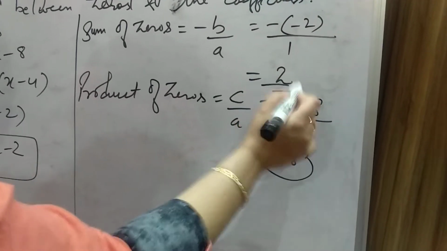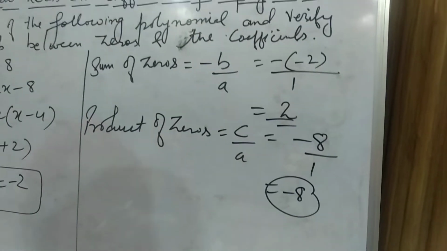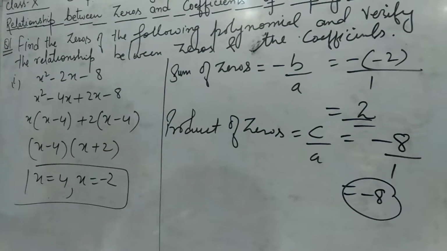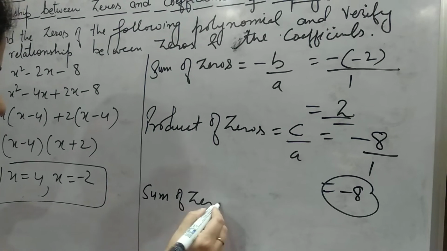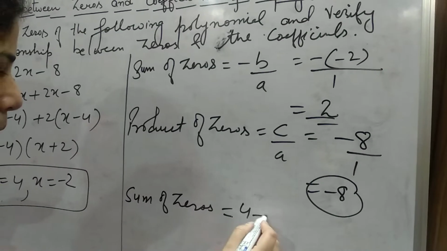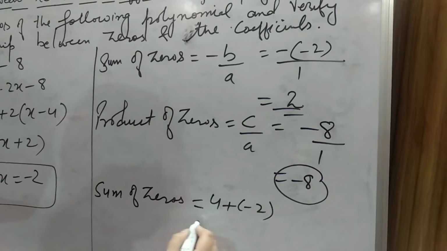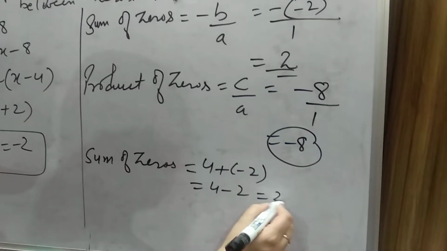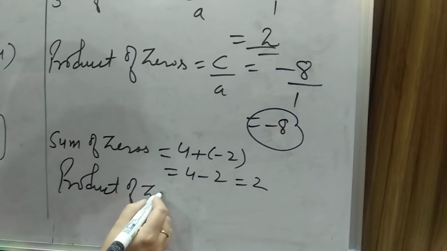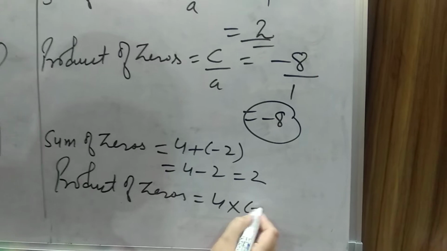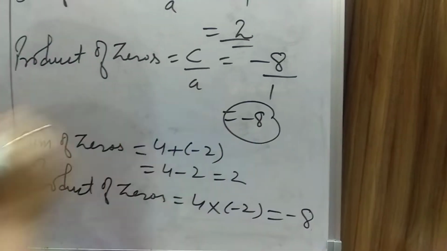Now let us find from the two zeros: the sum of zeros is 4 plus minus 2, that is 4 minus 2, equal to 2. And the product of zeros is 4 into minus 2, that is equal to minus 8.